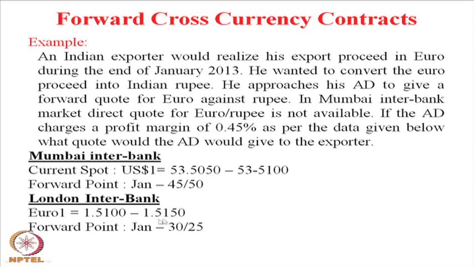In the London market, when I sell the euro, I will get US dollar. Once I get the US dollar, I will go to the Mumbai interbank market, sell the US dollar and get rupee. In this process, I am migrating from euro to dollar and dollar to rupee, that is called cross currency rate.